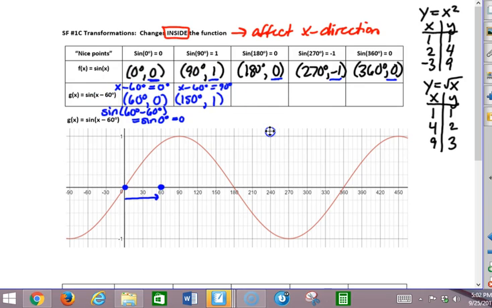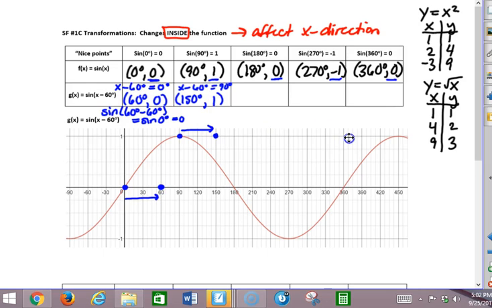So 150, 1. So this point here moves over also 60 degrees. Because I have to have a number that is 60 degrees bigger than what it was before, since I'm subtracting 60 before I even start applying the sine function. I have to start with a number that is 60 bigger to get the same sine value as I got before with 90.